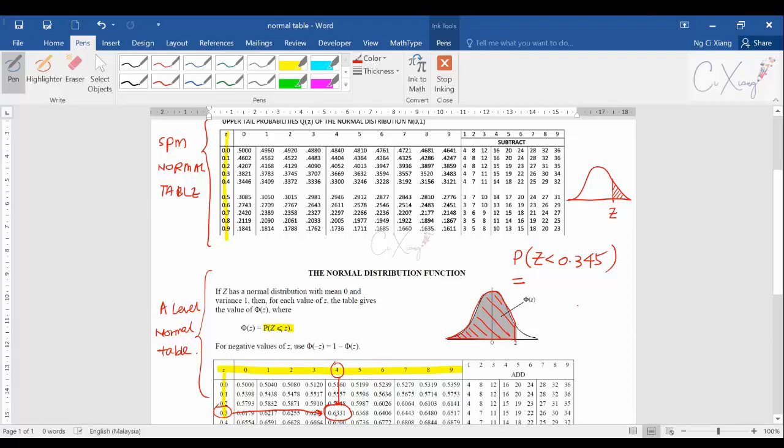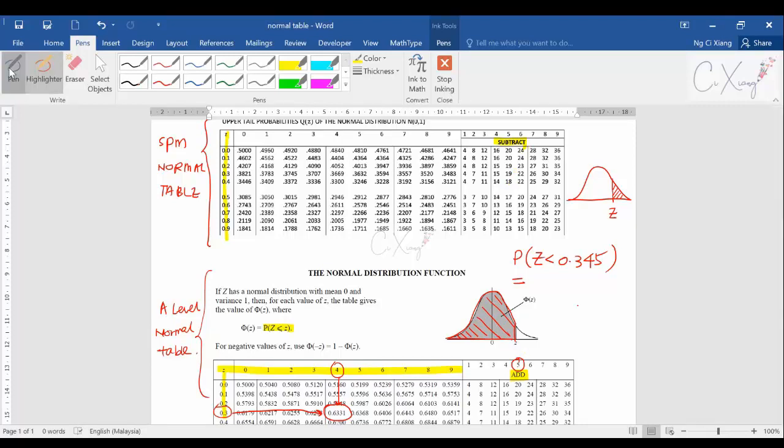And after that, where can I get a 5? 0.34. 5 is at the end. Okay? Alright, so now there's another difference between the SPM and A-level table. For the A-level table, we are going to add the value shown, but for SPM last time you were subtracting the value. So you see the difference again.